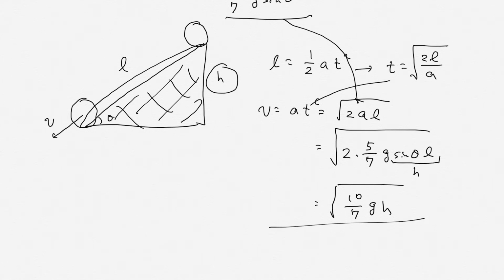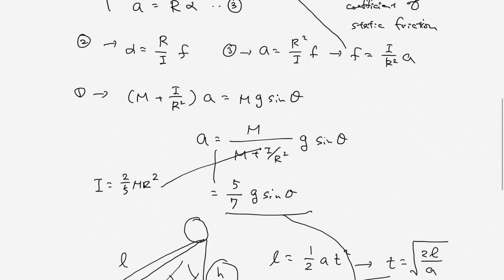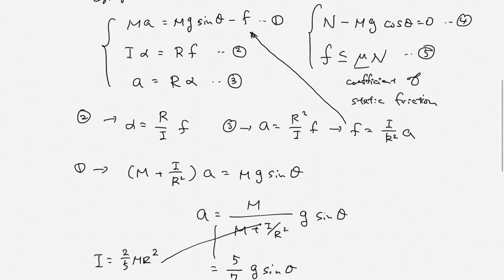But in this case, we can go further, a little bit more, using equations 4 and 5. From equation 5, we have some conditions for rolling without slipping.